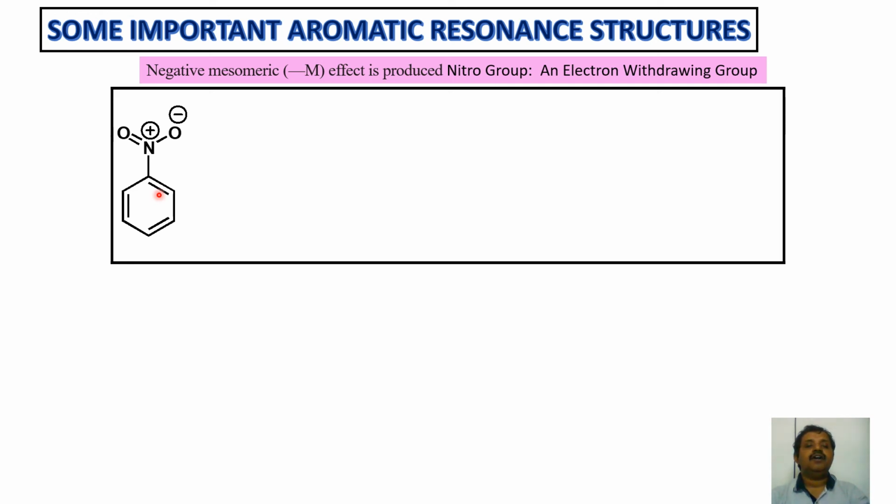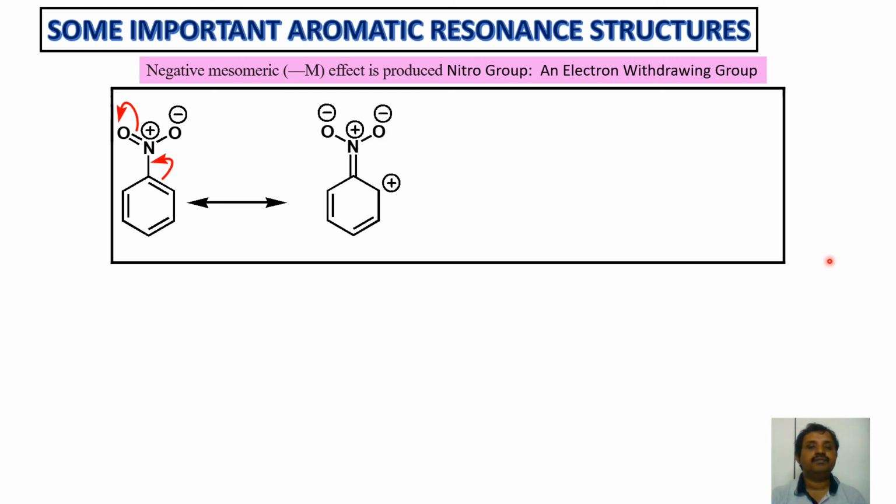So it removes the electron density from the benzene ring, and it is called a negative mesomeric effect showing group. You can see the double bond undergoing cleavage to form a negative charge on the oxygen atom, which attracts the double bond towards the nitrogen to form a new double bond towards the nitrogen.